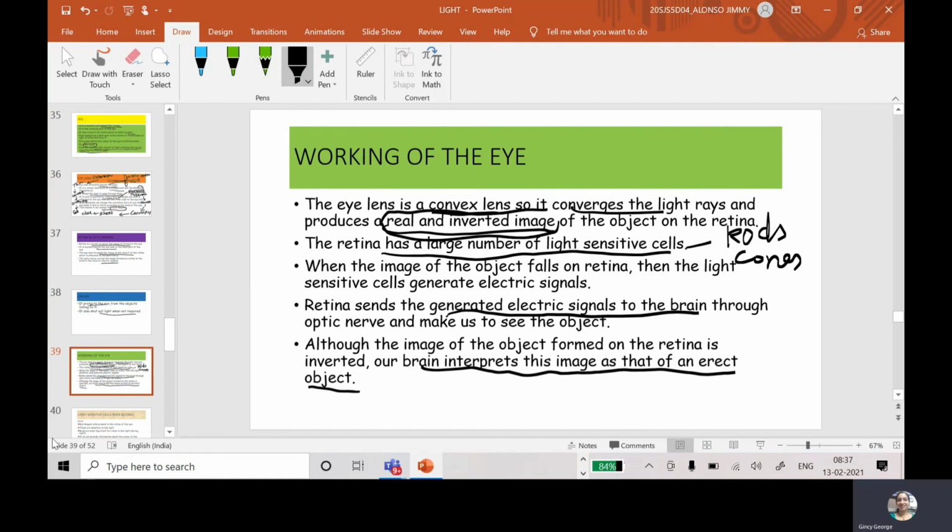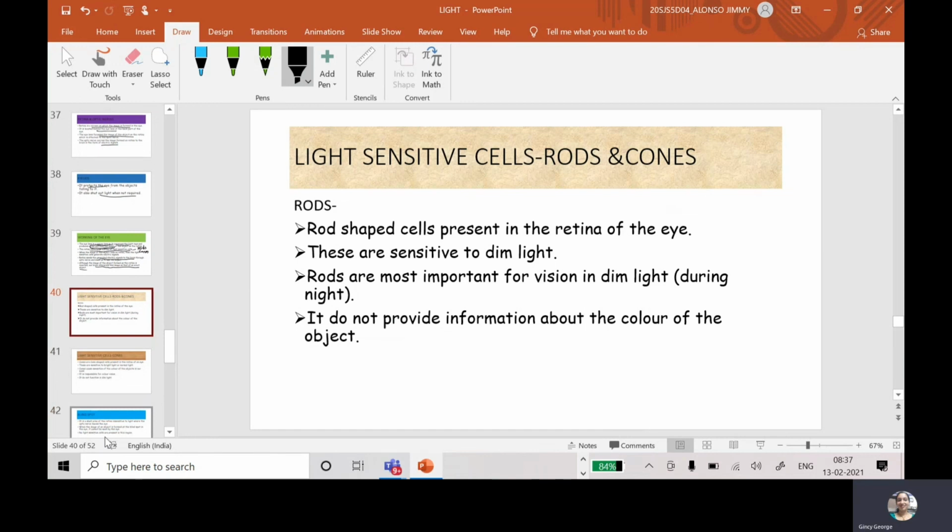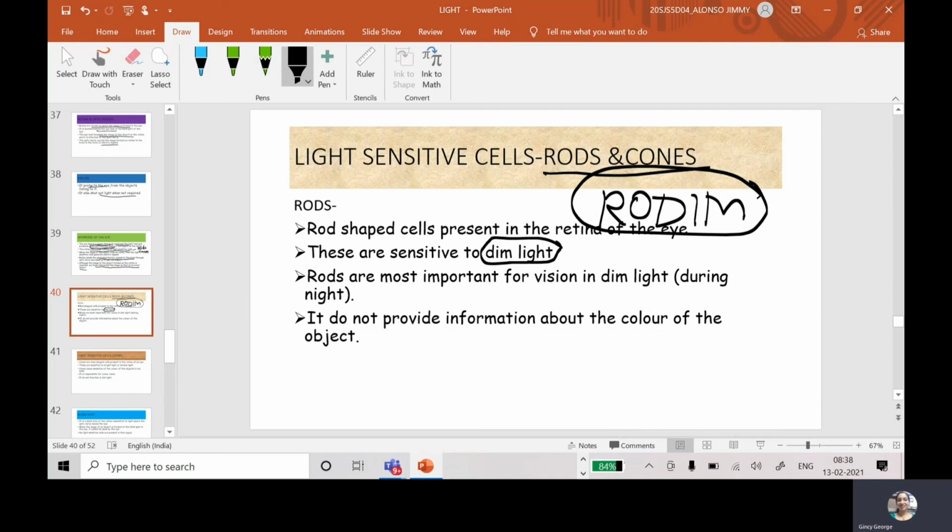Okay. Next we will see the light sensitive cells which are present here, rods and cones. So the retina contains light sensitive cells called rods and cones. The rods are sensitive to dim light. To remember, you can make this a code, RODIM. Rods are active during dim light.